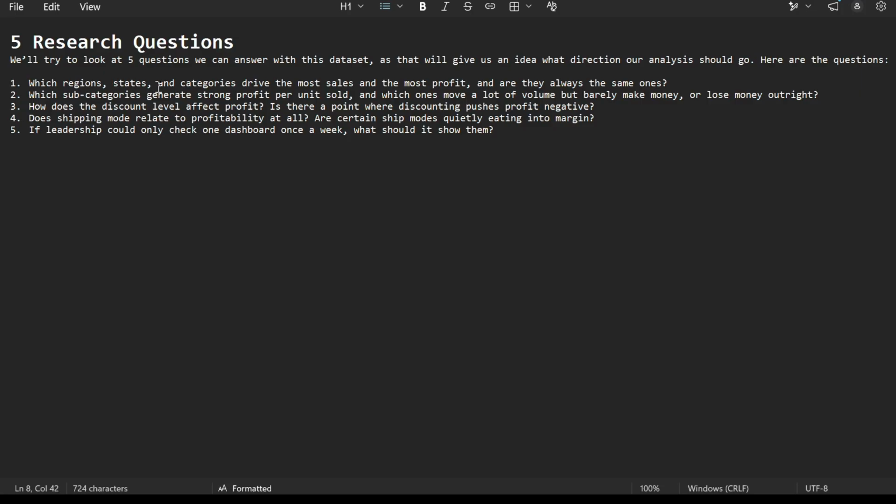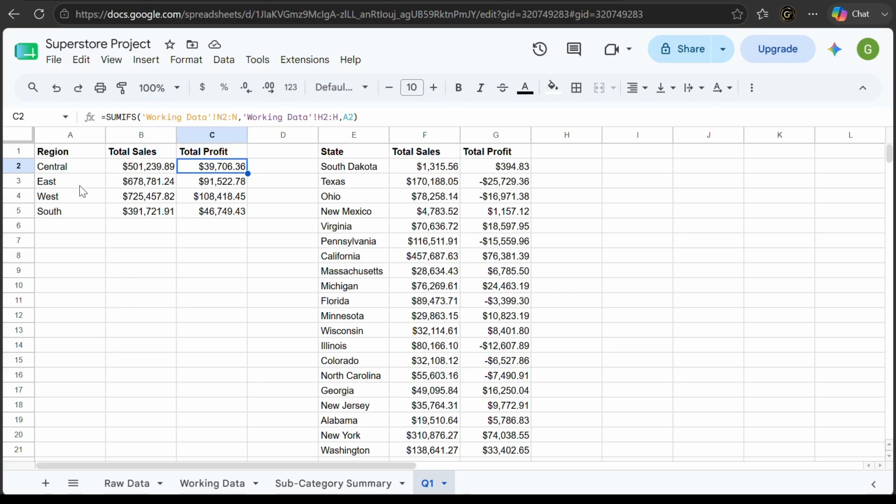Which region, states, and categories drive the most sales and most profits? Are they always the same ones? No. That's the answer to the question, right? They are not always the same ones. And then you want to know which of the regions. The most sales came from the west, and the most profitable region was also the west.